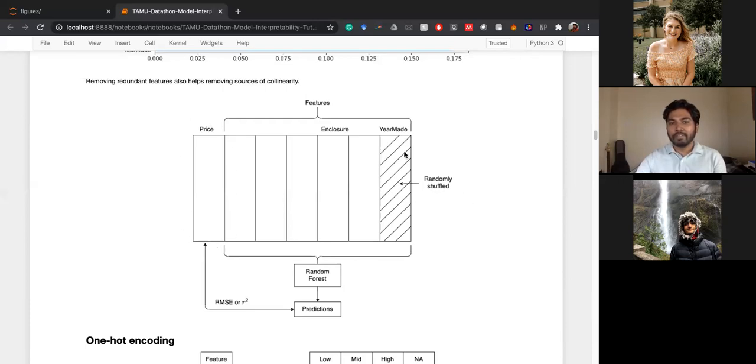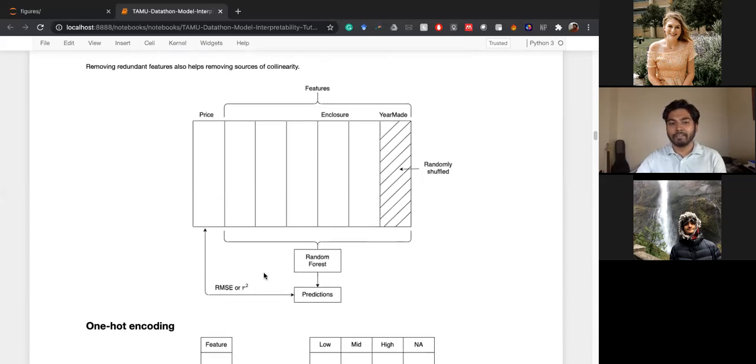If you randomly shuffle it and it makes a huge impact on your accuracy or RMSE, then you realize this feature is very important, so I should assign it a very high importance value. Did that make it clear why I'm shuffling? Yeah, that made it clear.